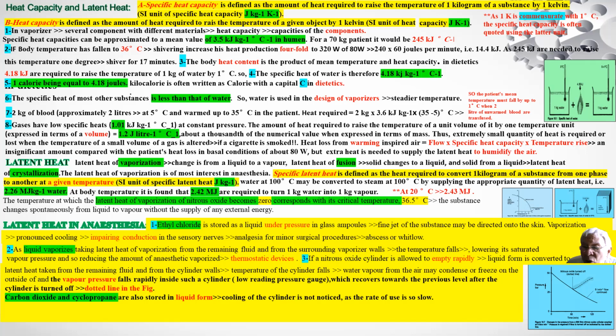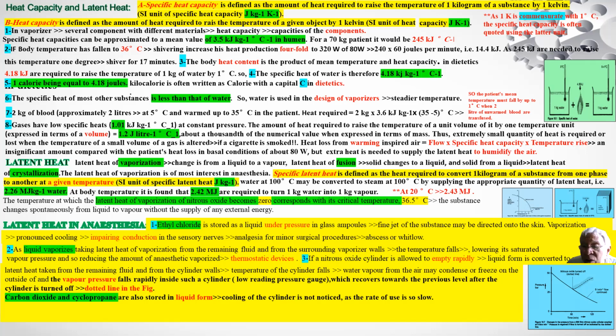This amount, if it's not supported by enough heat by heat warmers, the patient will be affected much, losing temperature, and the temperature may reach 36 if we don't heat this amount of blood.